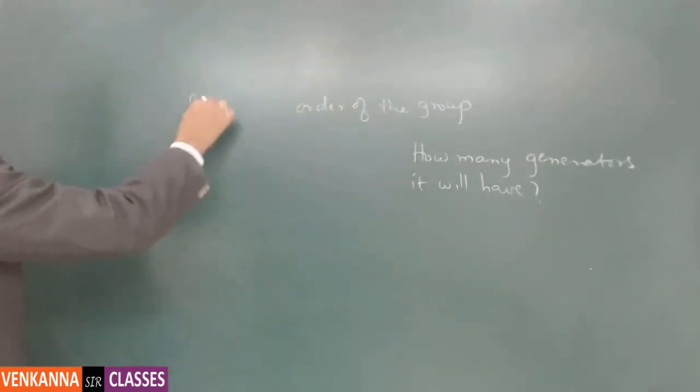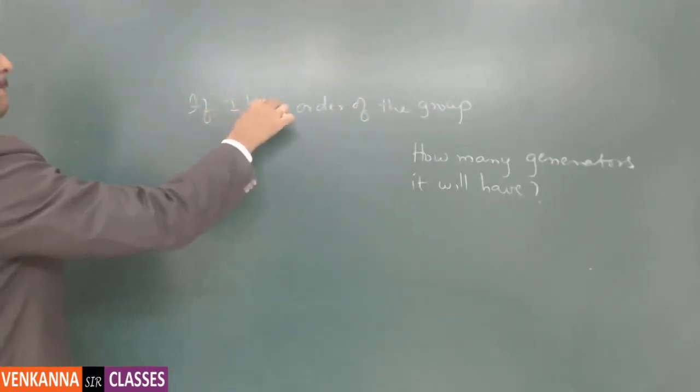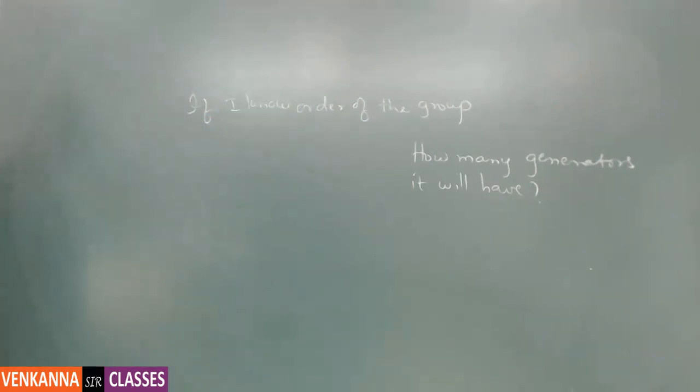So if I know the order of the group, then how many generators will it have? This is an interesting question for us. Now let us discuss this.